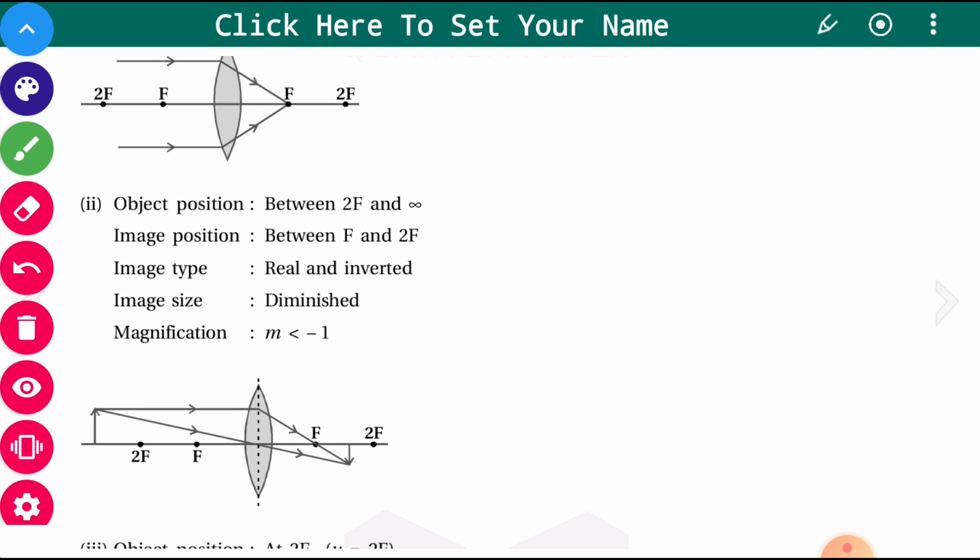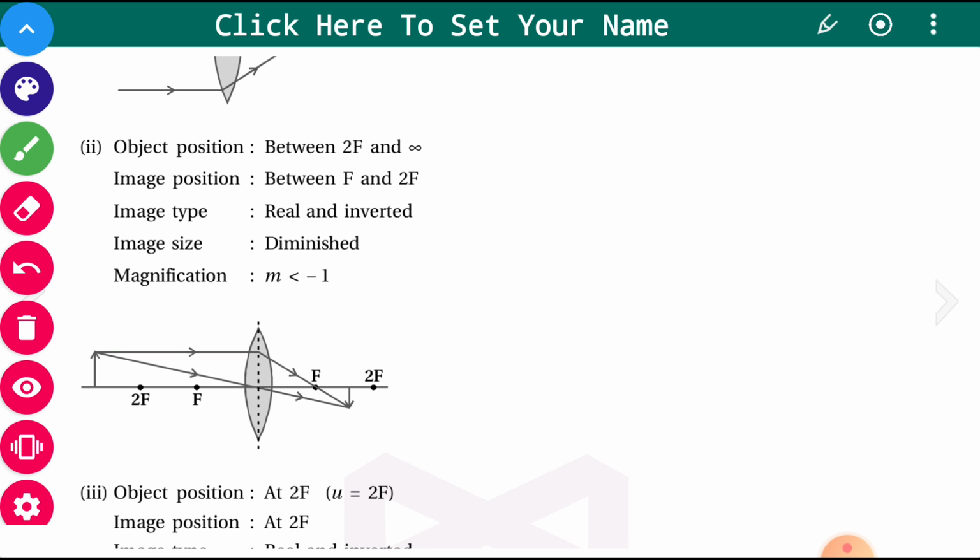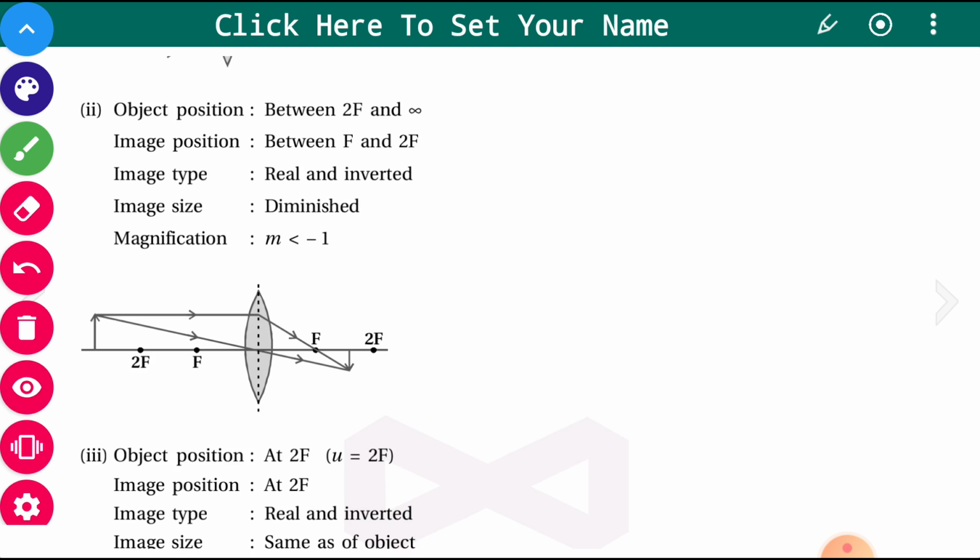When the object is between 2f and infinity, or away from 2f, its image will be formed between f and 2f, real, inverted and diminished.